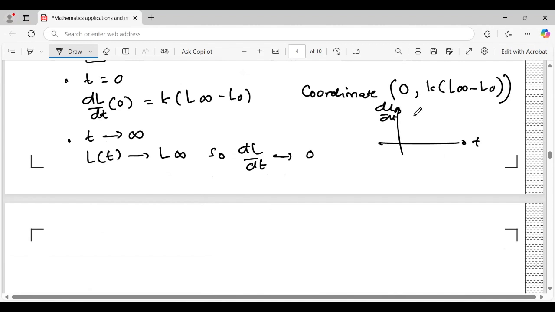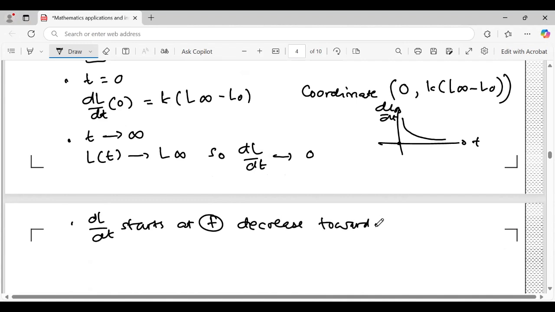This is where dL/dt is zero, around here.